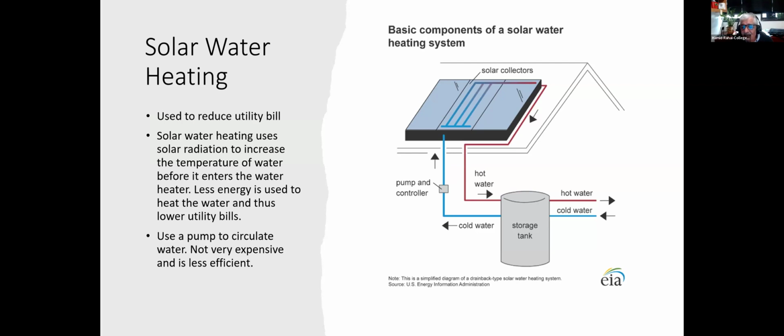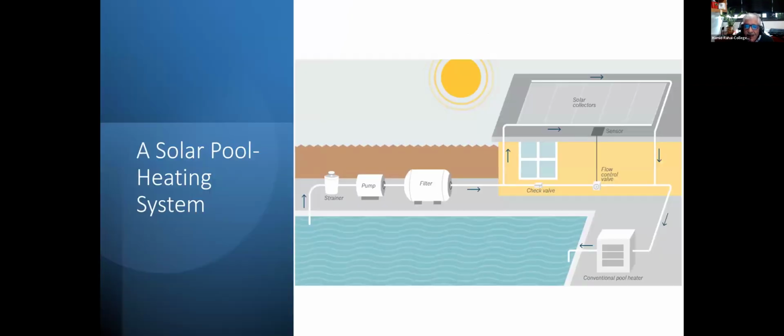If you use natural gas to heat that, the amount of natural gas you use would be less because the temperature of the water is much higher than cold water. And this is an example of pool heating, the system that you can see. You have solar collectors.